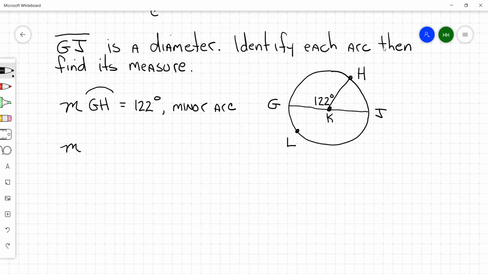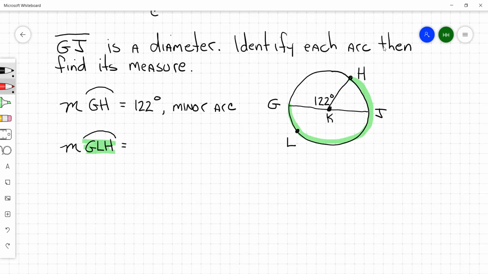The measure of arc GLH. All right, we need GLH. So look what you got here. You're starting at G. You're going through L and ending at H. So there's a couple different ways to find this arc measure.